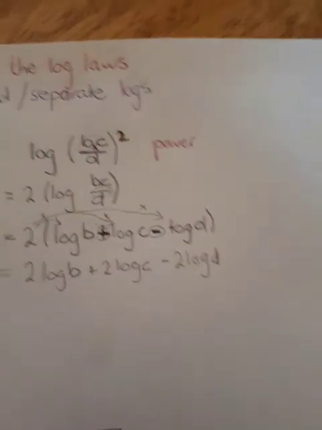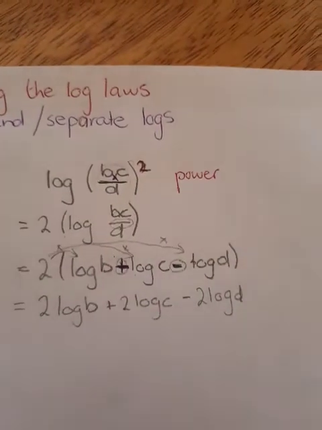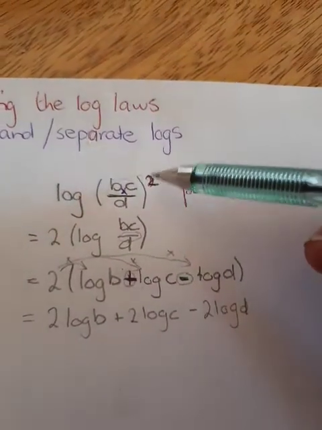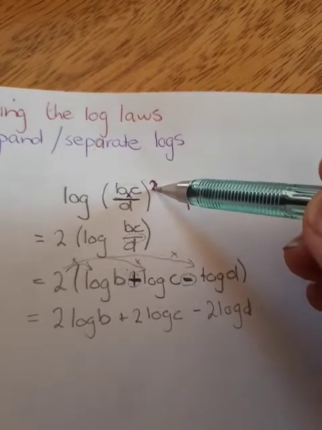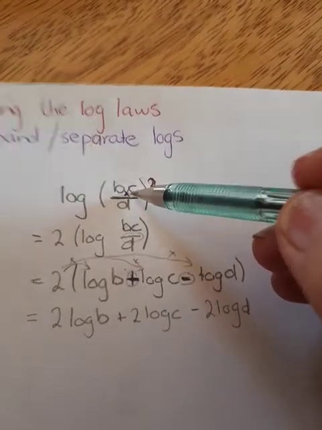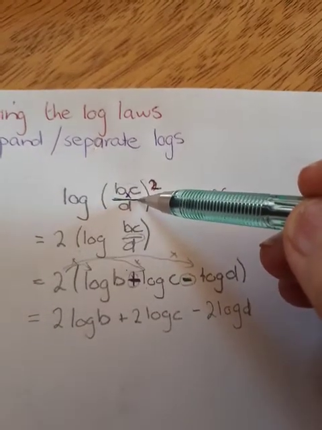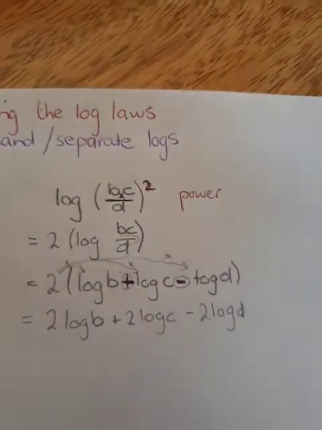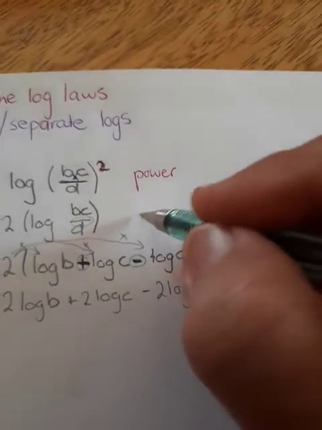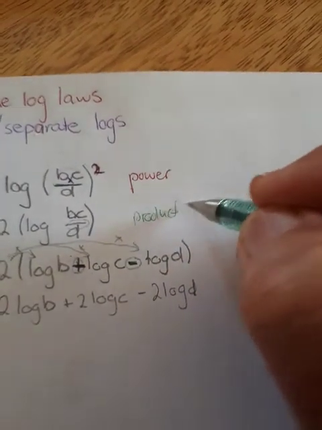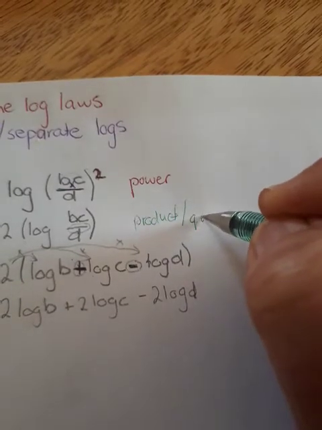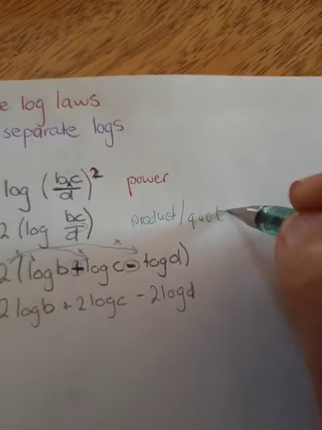So I repeat, when you are told to expand logs, just look at all the laws that apply. Here we've got the power law, there we've got the product law, and there we've got the quotient law. We will start with the power law, then the product law and the quotient law you can apply at the same time.